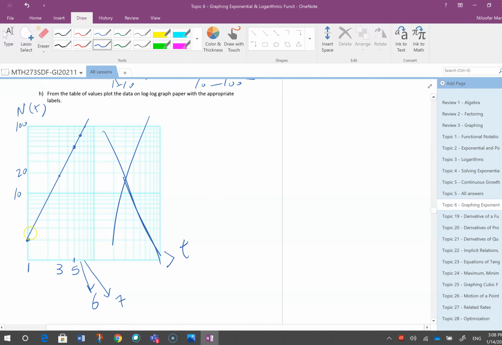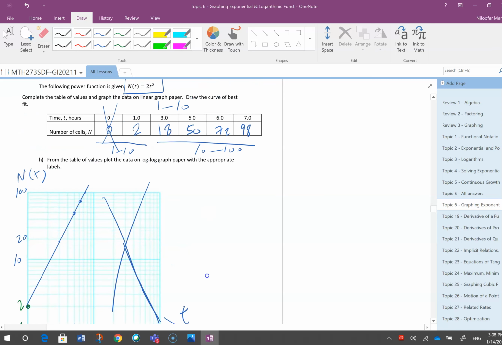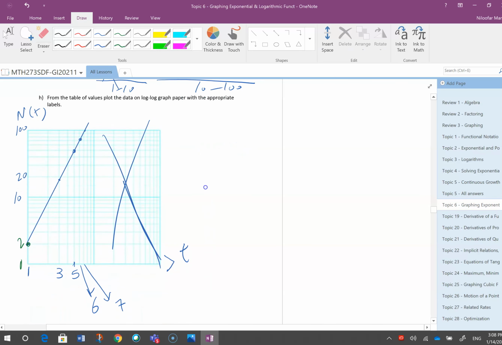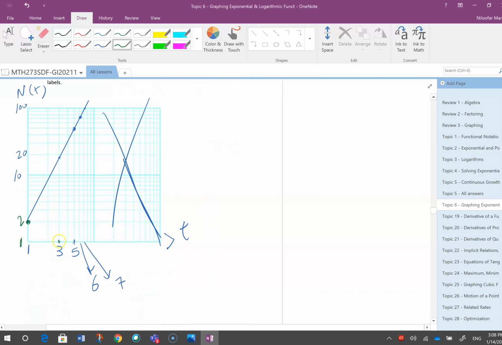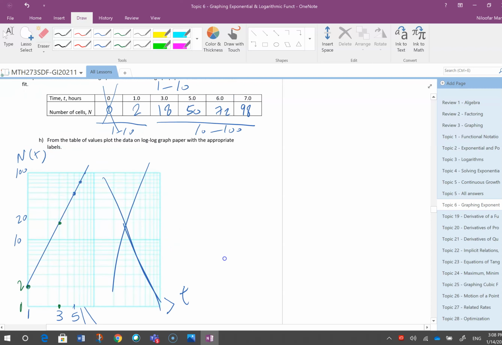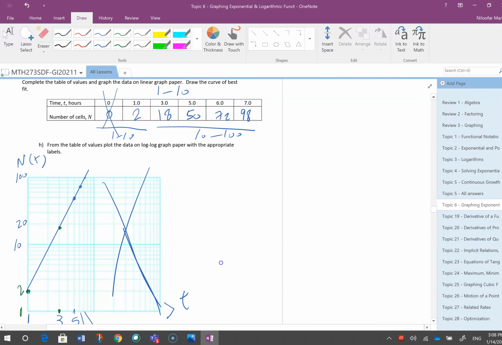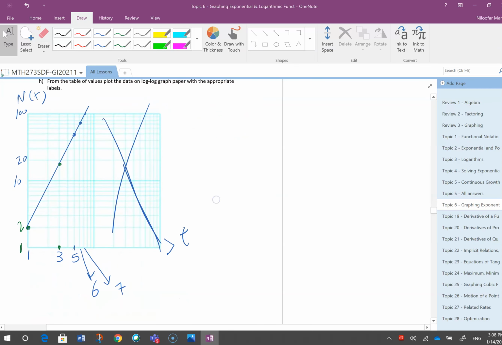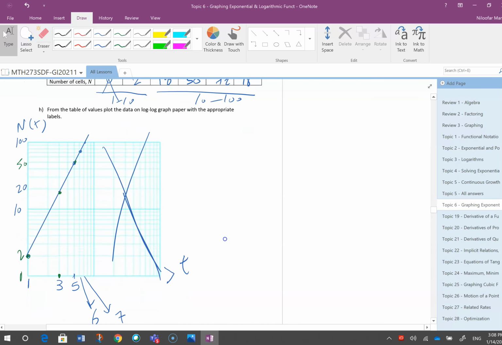Then 3 and 18: 1, 2, 3 here, and 18 is close to 20. Then 5 and 50, which is 20, 30, 40, 50. The next one, 72, is between 60 and 70.